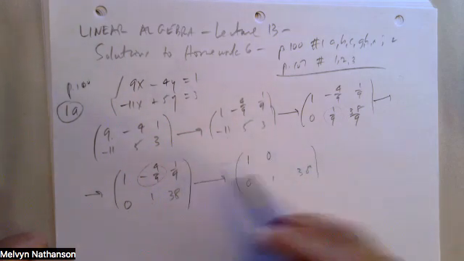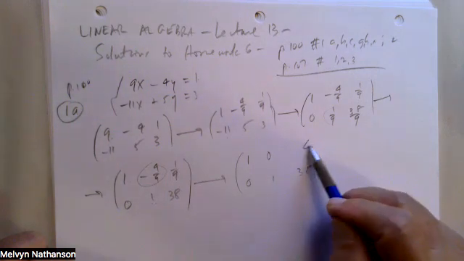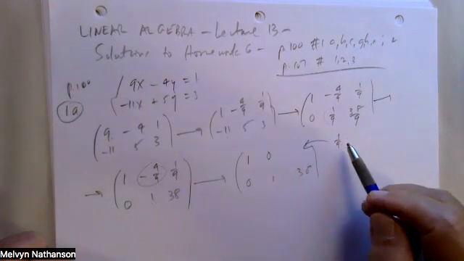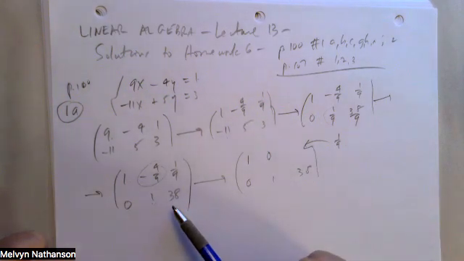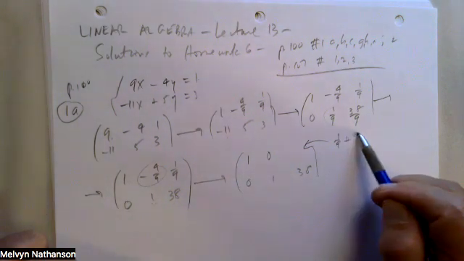1 ninth, see what's going to go in here? It's going to be 1 ninth plus 4 ninths times 38.